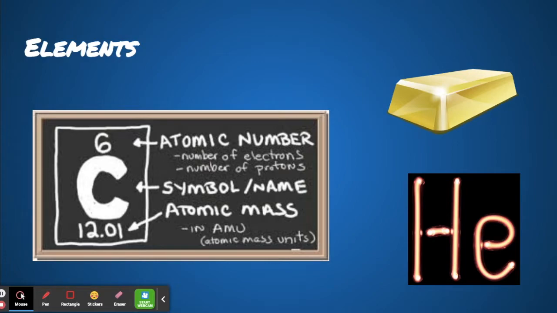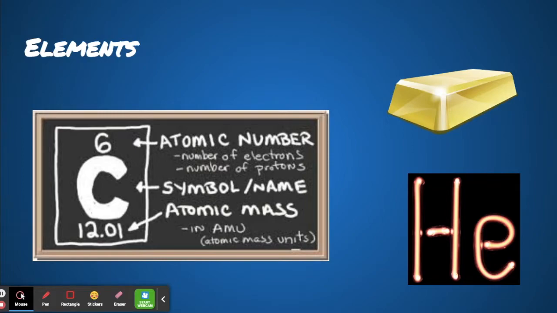So when this element is in a neutral state, it doesn't have a charge, and it's always going to have an equal number of protons and electrons. Then you always have the symbol and the name. And then you have something called the atomic mass. Atomic mass is the mass of the carbon when you add the number of protons and neutrons together. So this would be considered carbon 12 because it has a mass of 12.